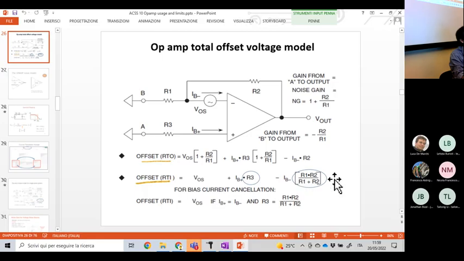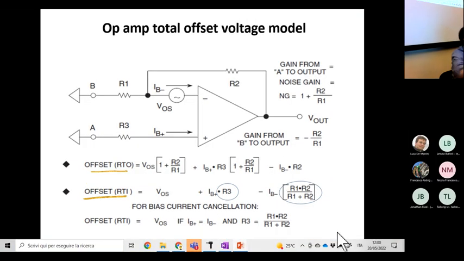When referred to the input, we have basically computed these two quantities here. If you want to move the offset back to the input, you have to divide the quantity by the transfer function. But what should be concluded is that R3 can be used to somehow compensate for the effects of IB minus and IB plus.